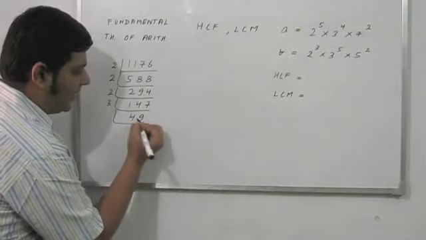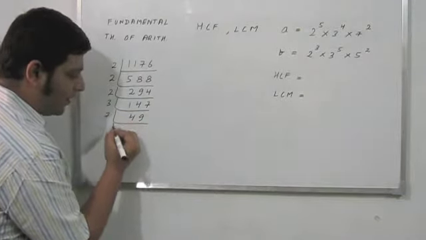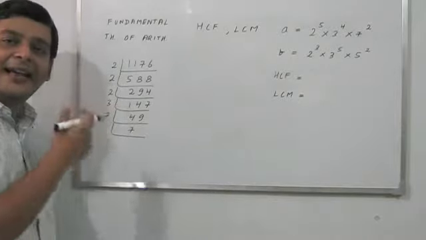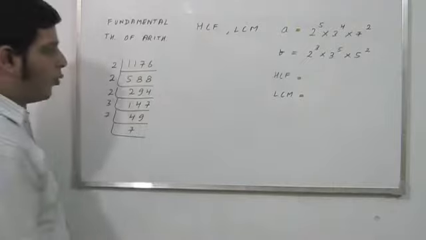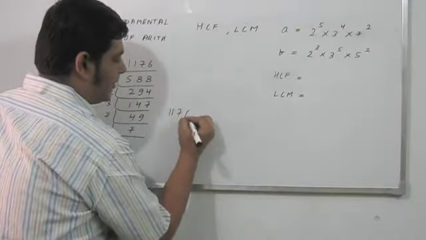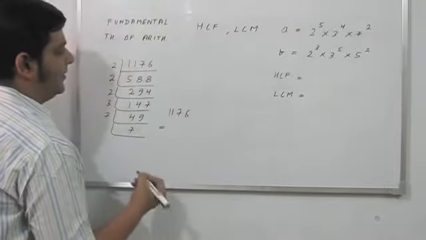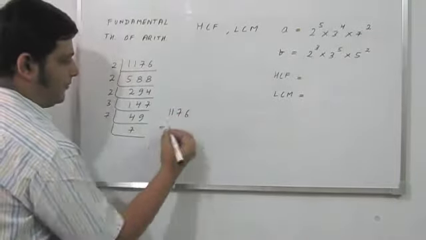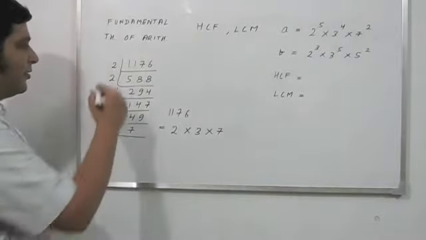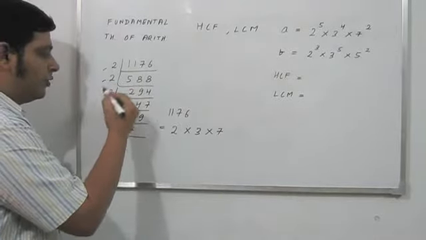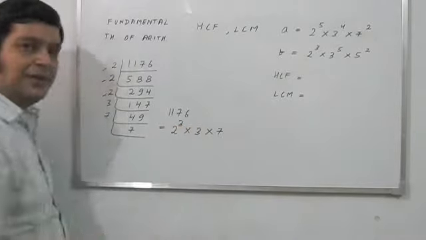I get 49, which is nothing else but divisible by 7, and I get another 7. So the number that I have, 1176, can effectively be written as a product of primes, which are involved are 2, 3 and 7. Now how many times is 2 coming in this? 1, 2, 3. So the power of 2 will be 3.